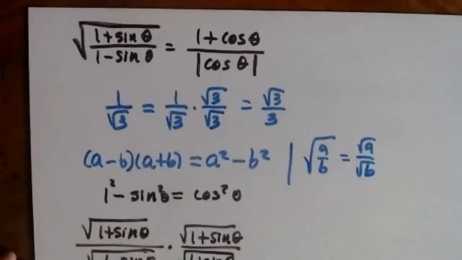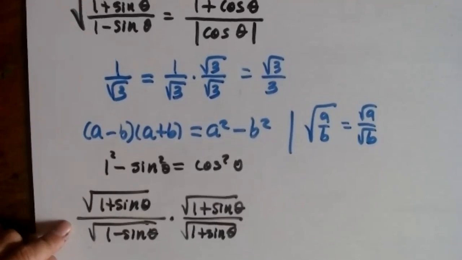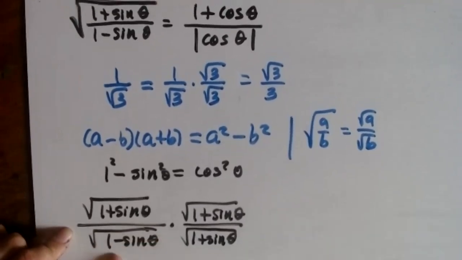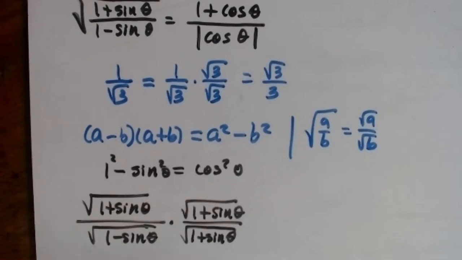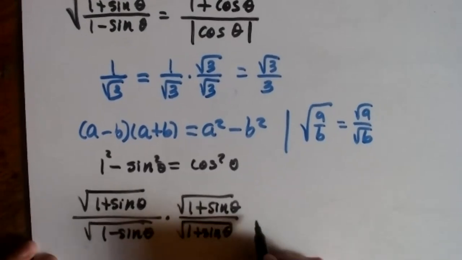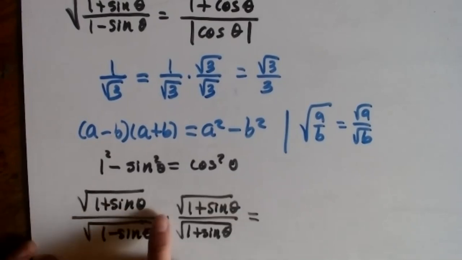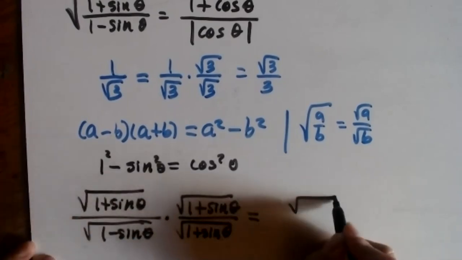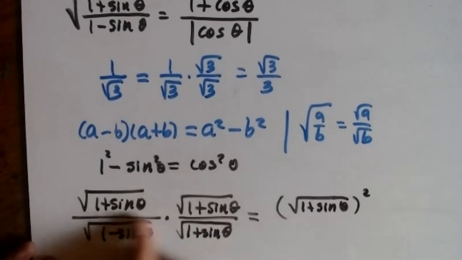So everybody catch what happens? I split this root into these two. Then I'm going to multiply this times this root. So if I multiply the denominator by this, I have to multiply the numerator by that. Okay, let's do it. So this is going to be the square root of 1 plus sine theta, squared, because you have the same thing here.